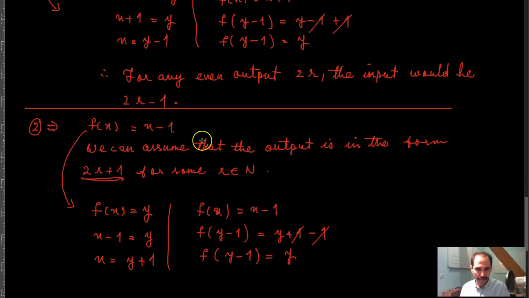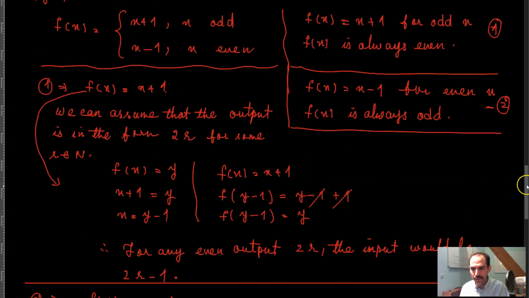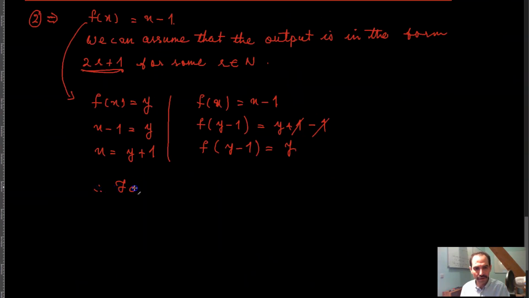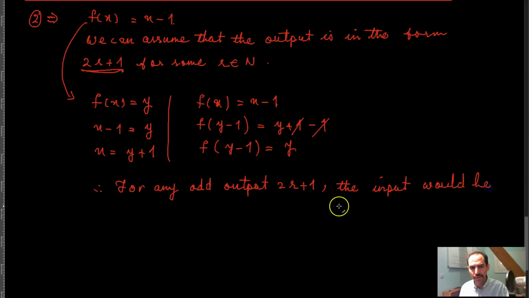That means that for any odd output, case 2 here, 2r plus 1, the input would be basically 2r plus 1 minus 1, which is equal to 2r, right?